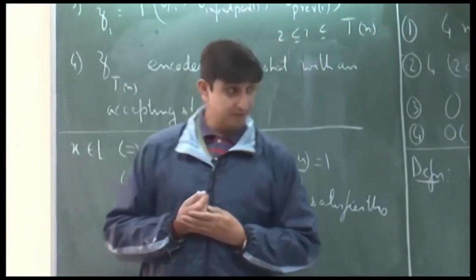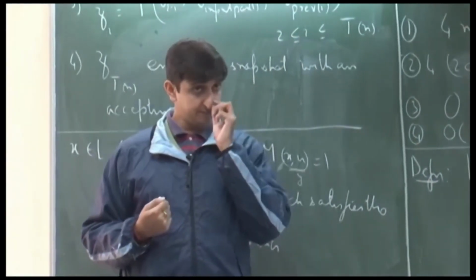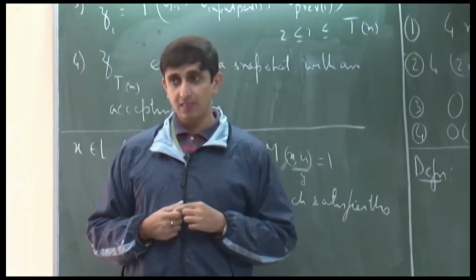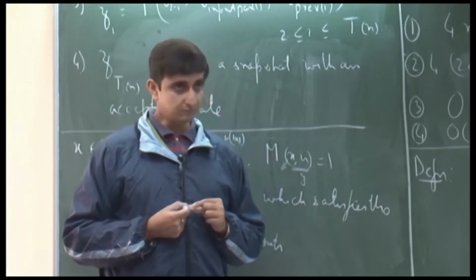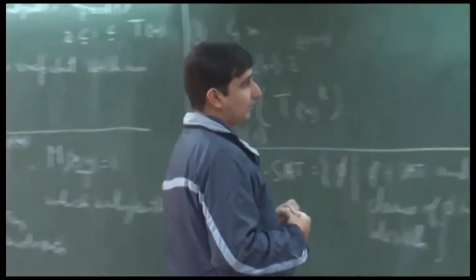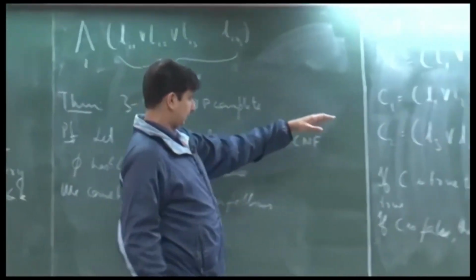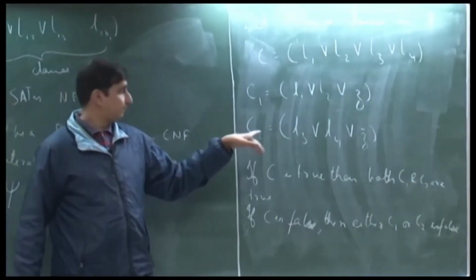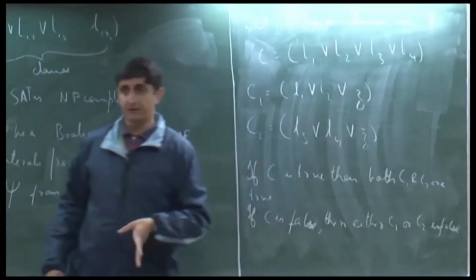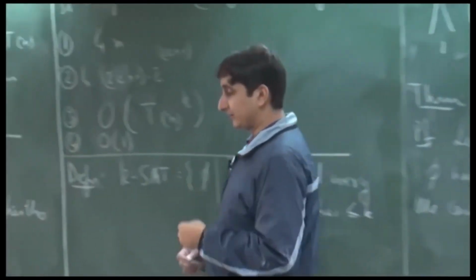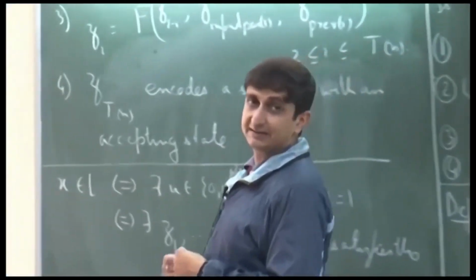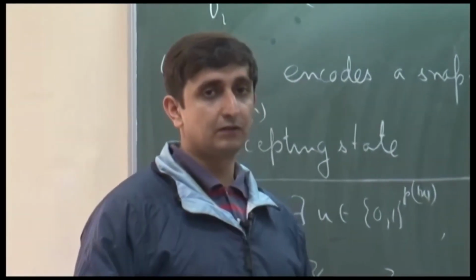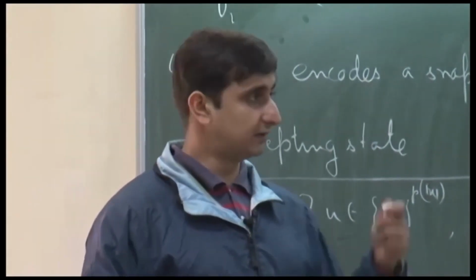Can you come down any further? Can you reduce 3 SAT to 2 SAT by this approach? No. Clearly, the way we are designing the clauses C1 and C2 does not give us a way of reducing 3 SAT to 2 SAT. So, this approach has the bottleneck that we stop at 3 SAT.